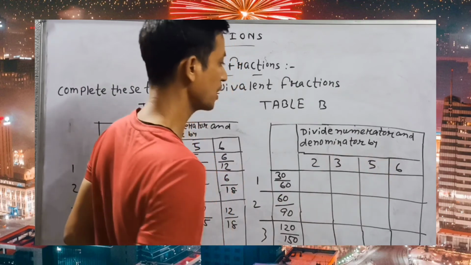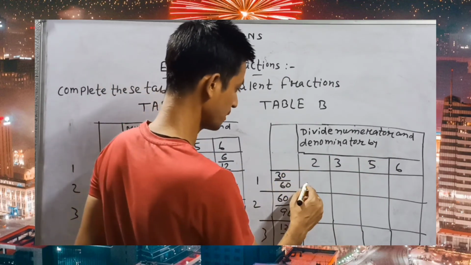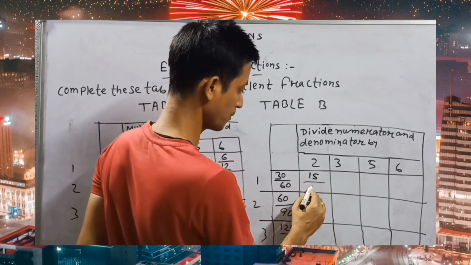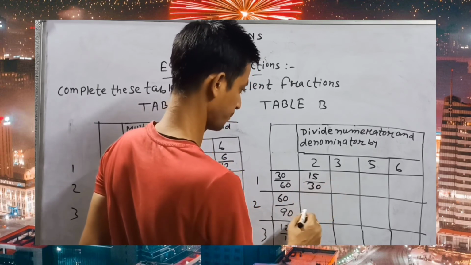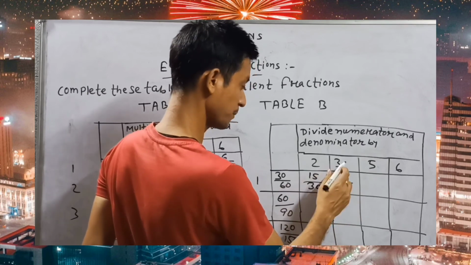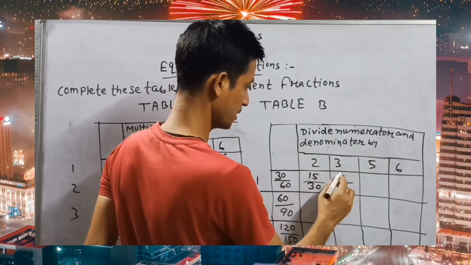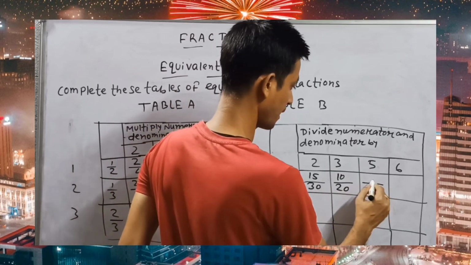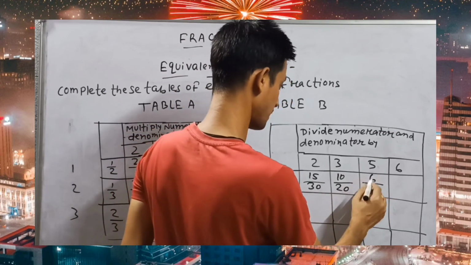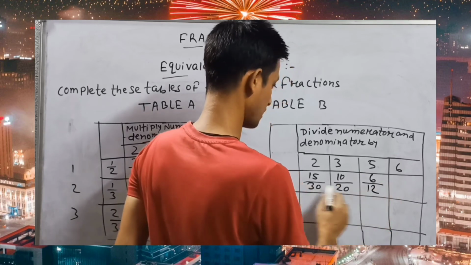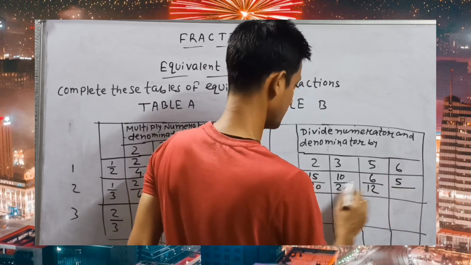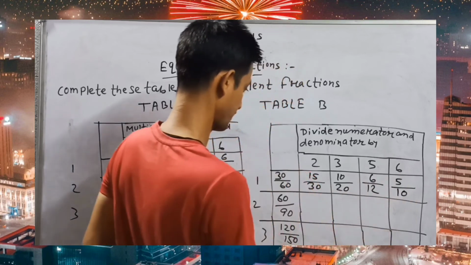Now divide numerator and denominator by 2. Now divide 30 divided by 2, 15, 60 divided by 2, 30. 30 divided by 3, 10, 60 divided by 3, 20. 30 divided by 5, 6, 60 divided by 5, 12. 30 divided by 6, 5, 60 divided by 6, 10.